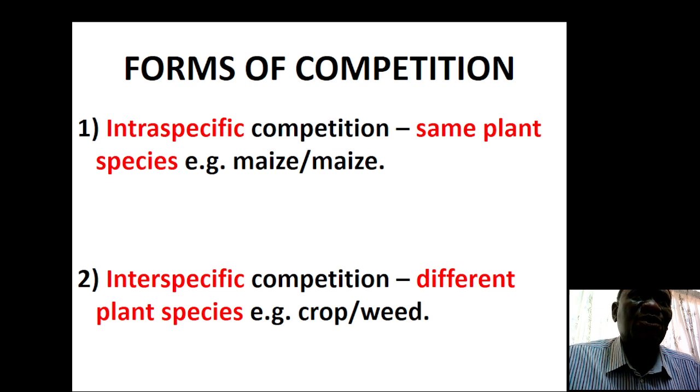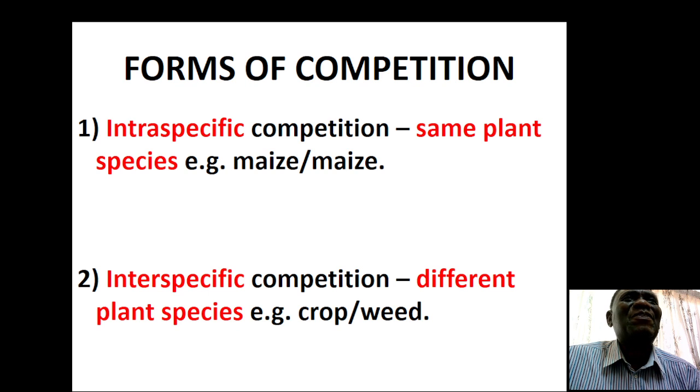Then we've got forms of competition. We've got intra-specific competition. The same plant species can compete, for example, maize versus maize. It's like politicians in the same political party competing, you know.